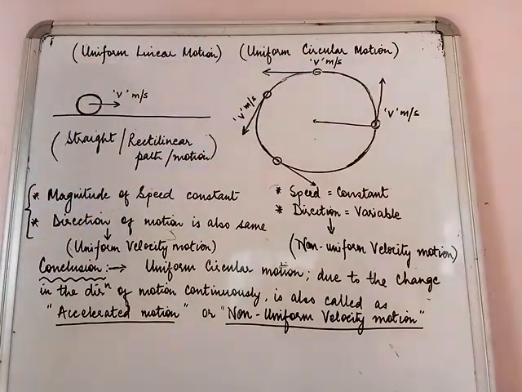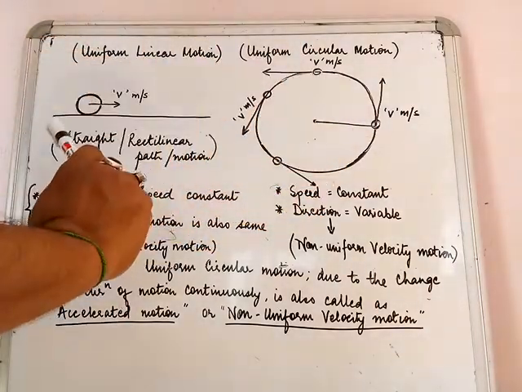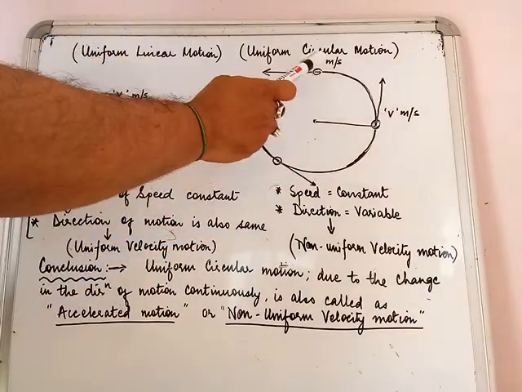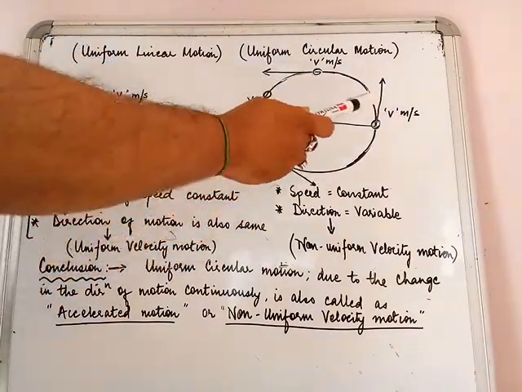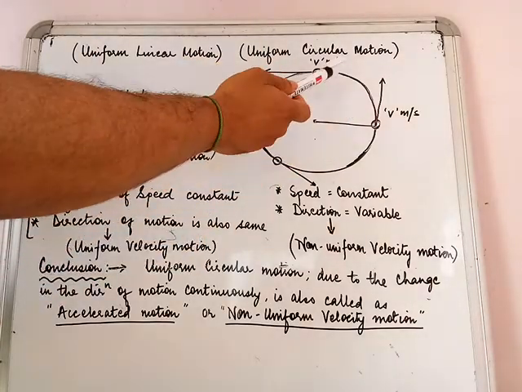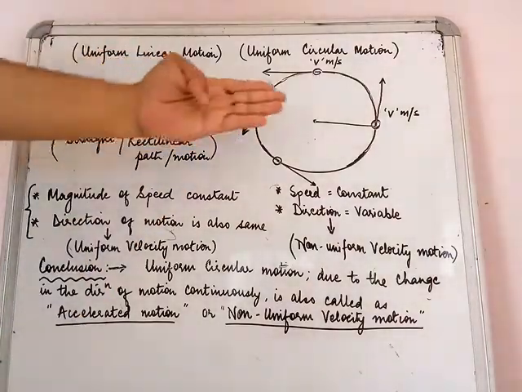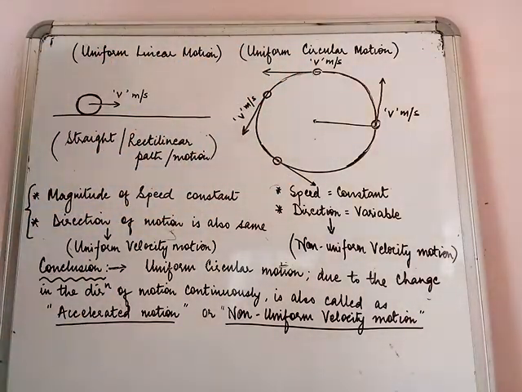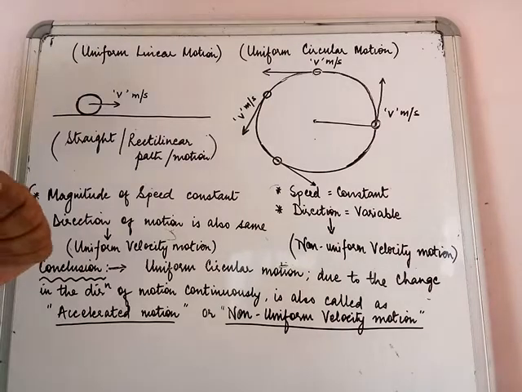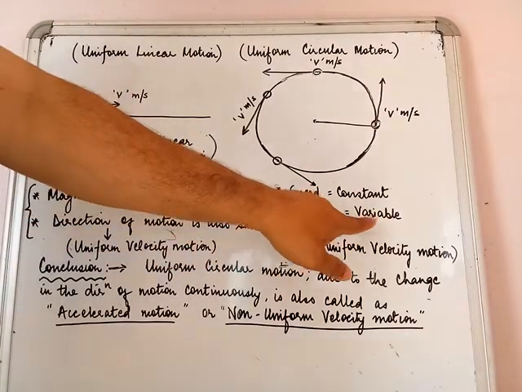Although the speed value is the same throughout, the direction changes continuously. In fact at every instant the direction will be different. I can't draw so many instances, so I have shown you these 4 or 5 places where the ball is. So the direction this time becomes variable.